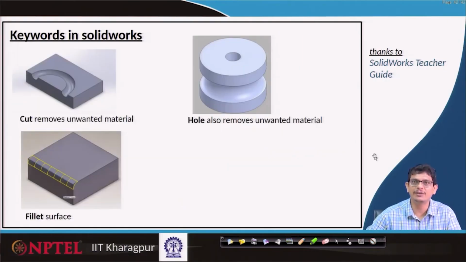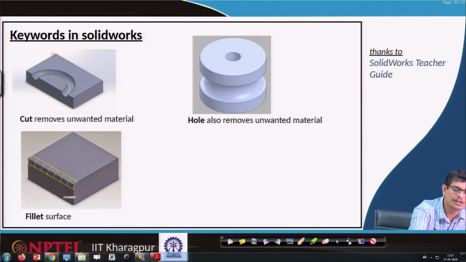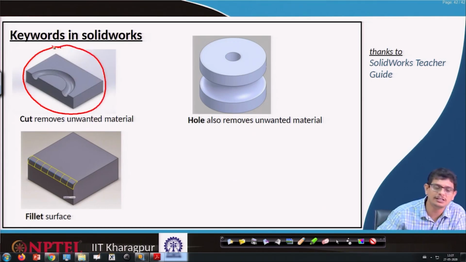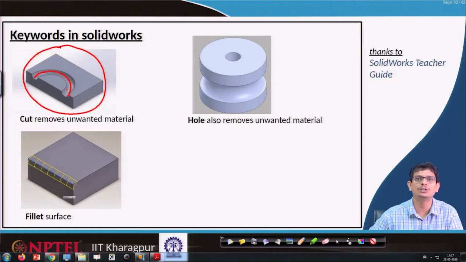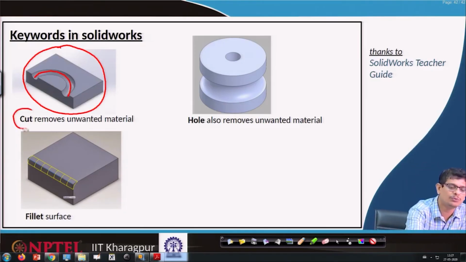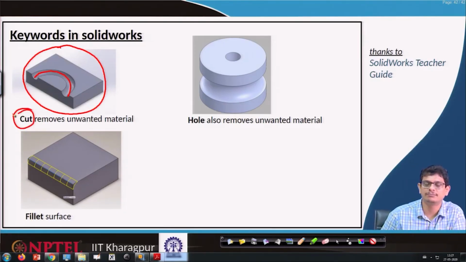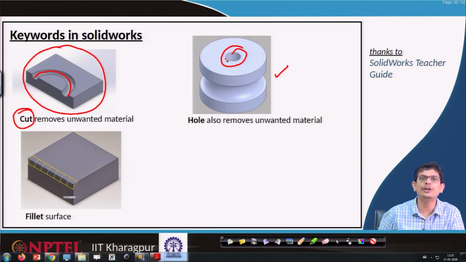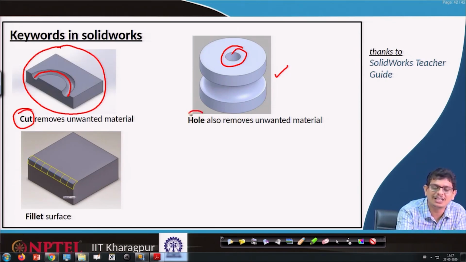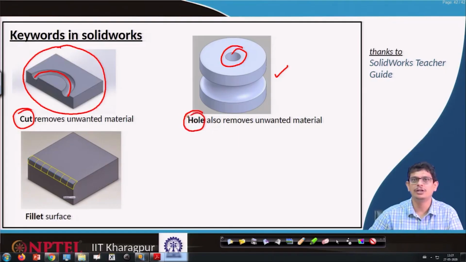There are other keywords also involved at SolidWorks level. Say we have this object, prepared from a rectangular block, and somehow we have created a circle and removed that surface; that kind of thing is what we call a cut. For another object also we have a cut, but this is more like a uniform cut. One can also use an option like hole, if you just want to make a drill hole.